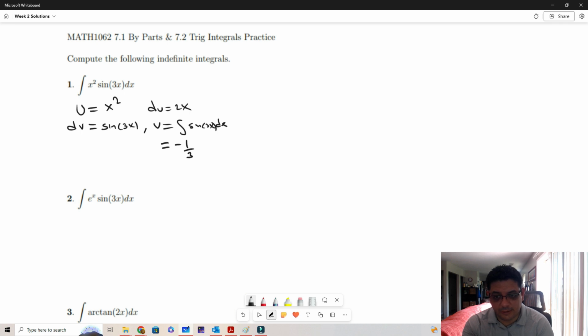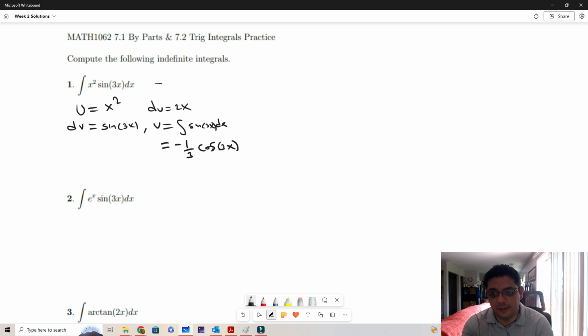Remember that the integral of sine is minus cosine, and because we have this 3 here, the substitution is going to provide us with this 1 over 3 in the output. If you don't remember how to get to this point, make sure to check back the review on substitution.